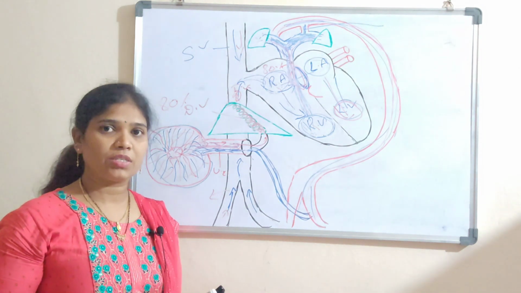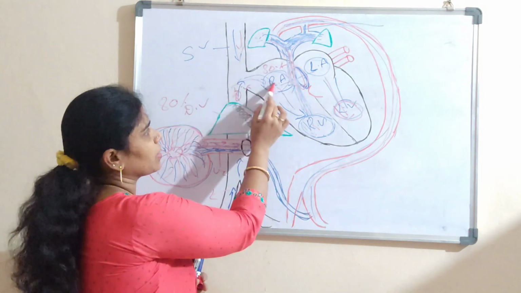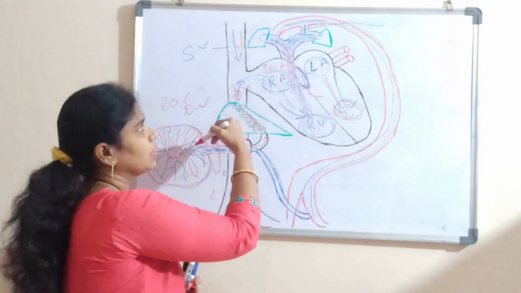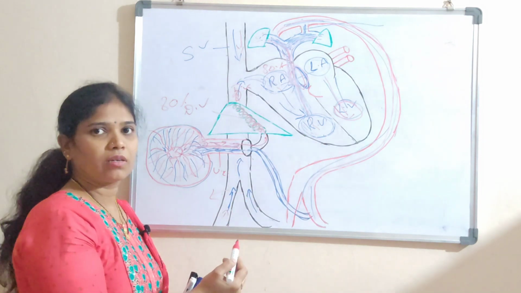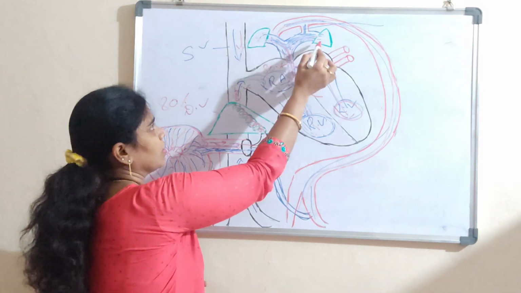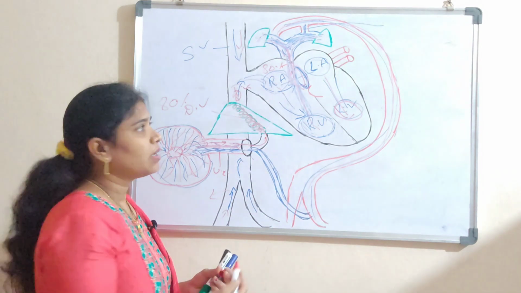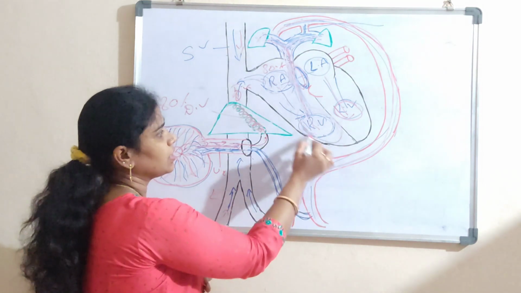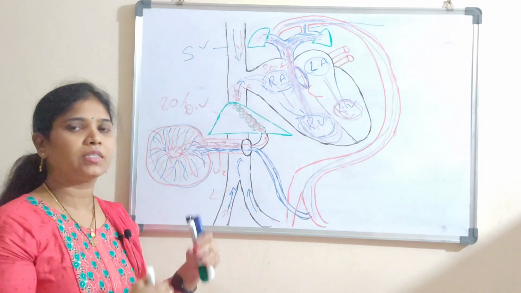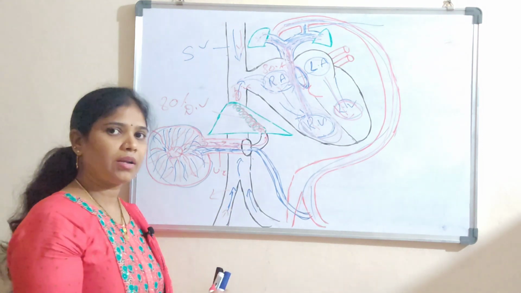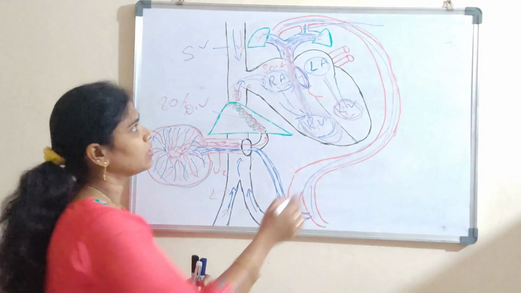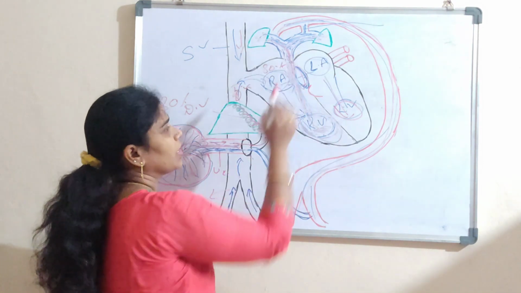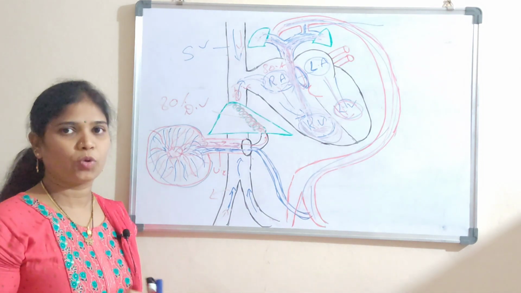So only a very little amount of blood is able to move into the lungs, and the remaining blood stays in the pulmonary artery and the right ventricle. That's why there is an increase in pressure in the pulmonary artery and the right ventricle, because the lungs are immature and have not started functioning properly.